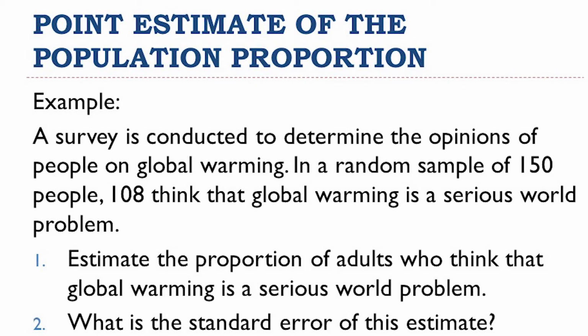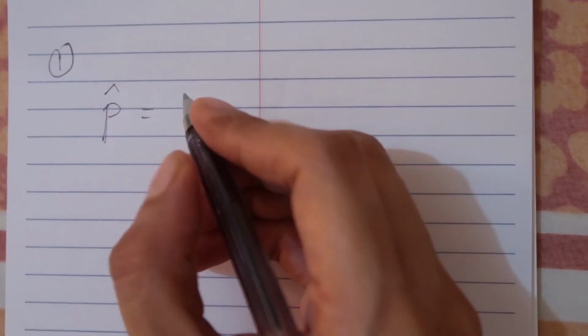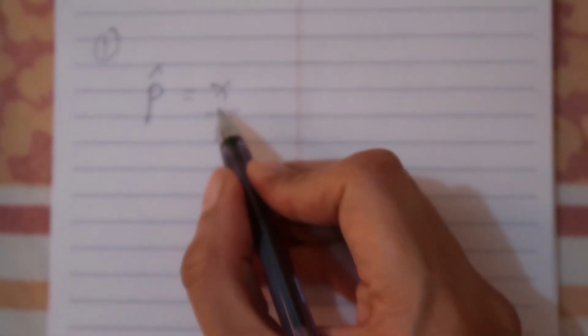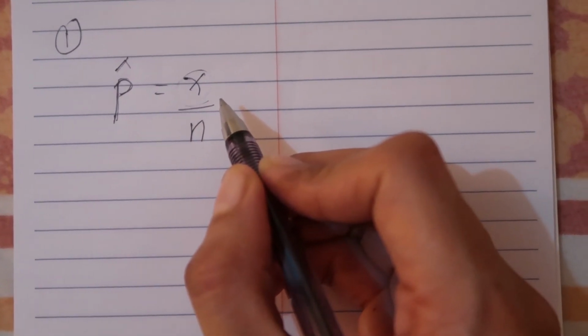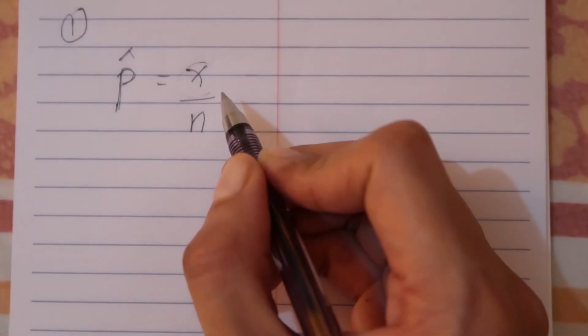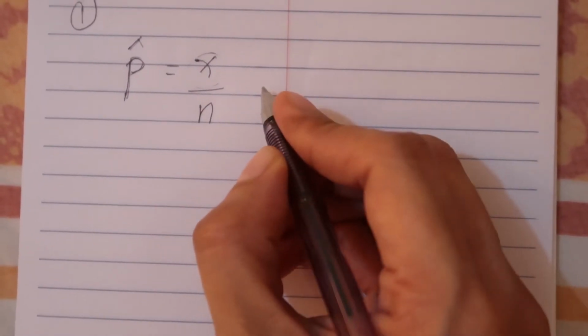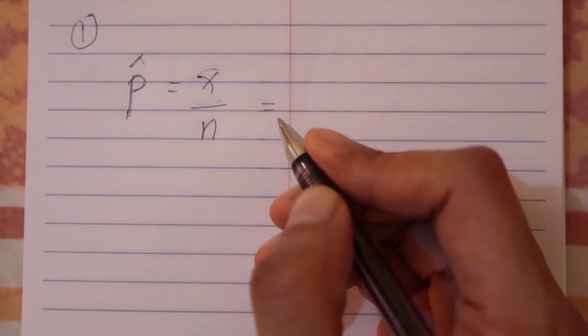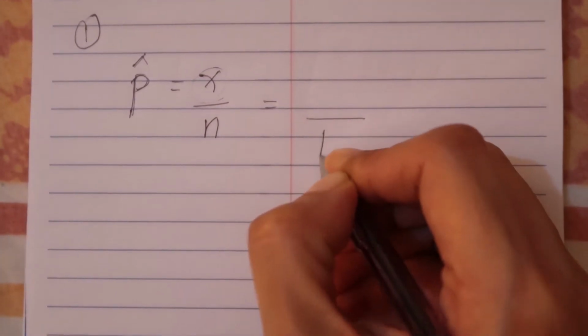To answer number 1, which is to estimate the proportion, we need to apply the sample proportion, denoted by p hat, which is equal to x over n. X refers to the sample units. In this example, your random sample is 150, so that is your n.